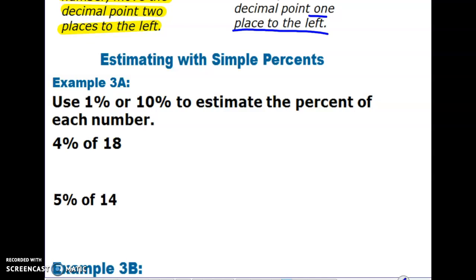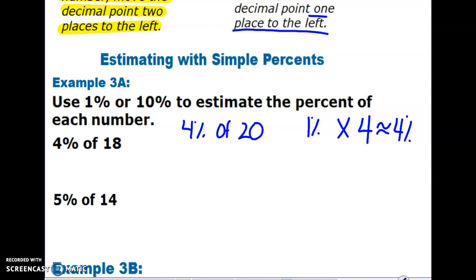Okay, so we're going to use 1% or 10% to estimate the percent of each number. So if I were to look at this first one here, 4% of 18, I might first of all think of that 18 as being really close to 20. To find 4%, I'm going to find 1%, and then I'm going to multiply it by 4. So 1% of 20, we said to find 1% of 20, we're going to move the decimal point 2 places to the left.